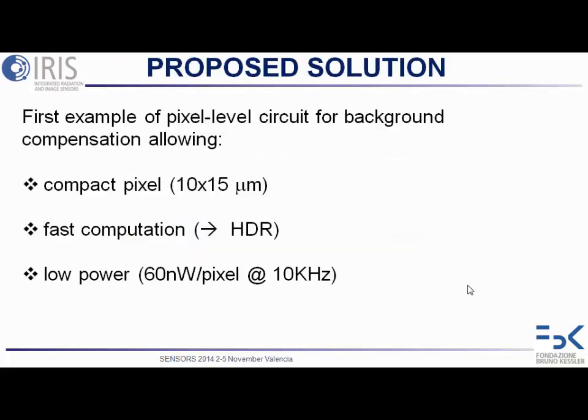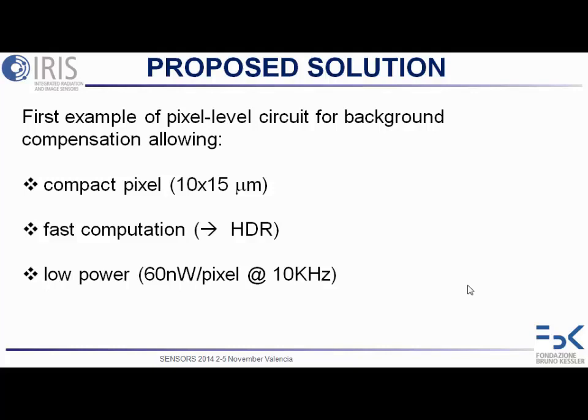So the proposed solution is a first example of pixel level circuitry for background compensation, enabling a very compact pixel size. We are talking about 10 by 15 micron, and with fast computation, so achieving potentially very high dynamic range boosting, and also extremely low power consumption.